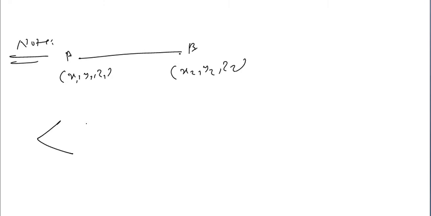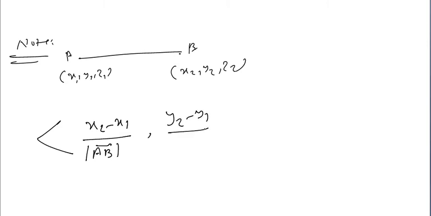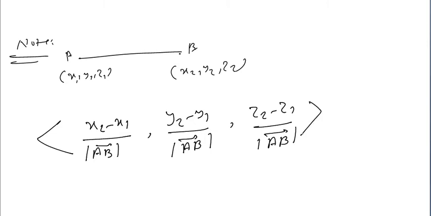The direction cosines are (x2 minus x1) divided by the length of AB, (y2 minus y1) divided by the length of AB, and (z2 minus z1) divided by the length of AB. This is the direction cosines of the vector along the line AB.